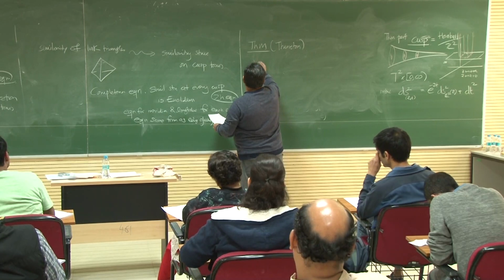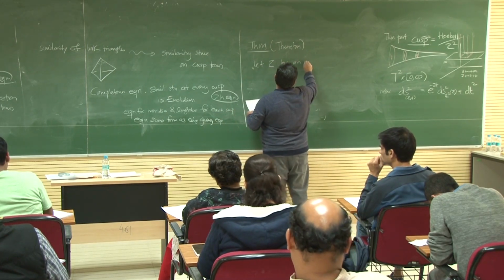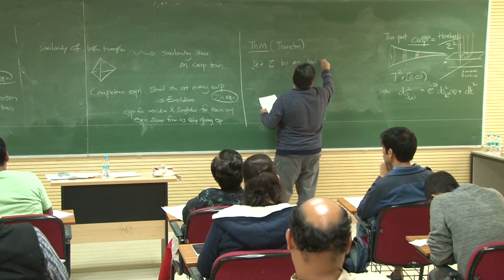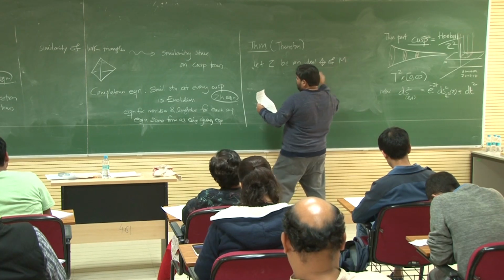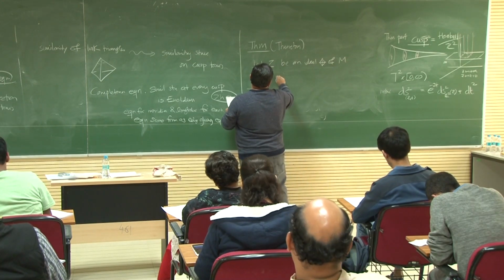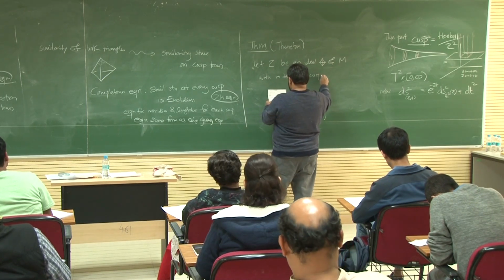So let tau be an ideal triangulation of M with n tetrahedra and h cusps.